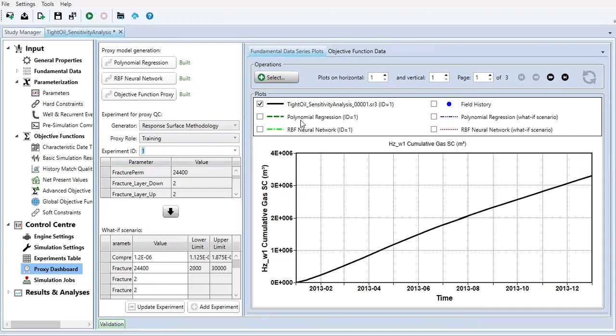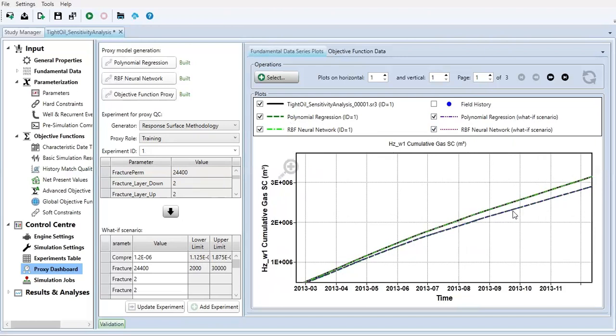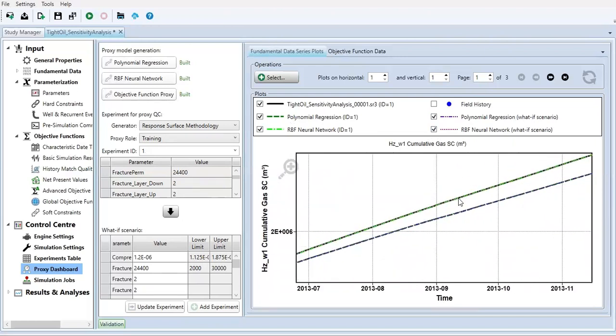And then the polynomial regression for the ID1. This is the first method using the polynomial and using RBF neural network. It matches perfectly. All right. And polynomial regression, but using what if scenario, it matches the polynomial regression, and RBF neural network what if scenario, it matches the RBF neural network.